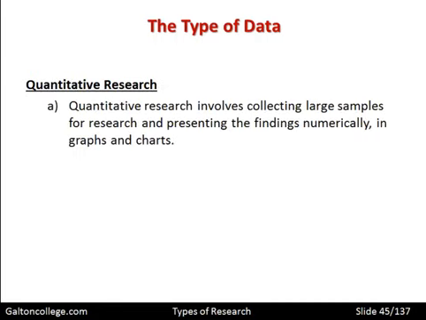Start with quantitative. Quantitative research involves collecting large samples of research and presenting the findings numerically in graphs and charts, for example. It could use all sorts of sophisticated techniques, multiple regression techniques or curvilinear regression techniques, or all sorts of sophisticated statistical techniques.